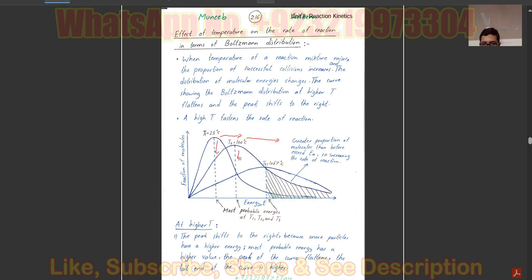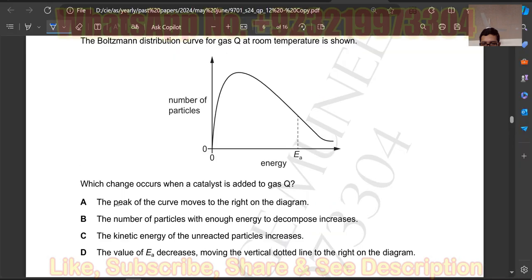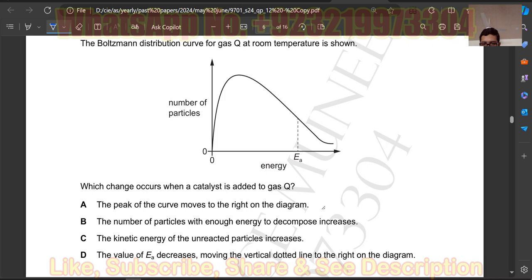That's the change in the peak. By applying more temperature, the Boltzmann distribution curve has changed in the peak shift from left to right and towards the downward direction. Whereas the option says the peak of the curve moves to the right, so it is not the right answer because it happens because of the application of temperature, not because of the catalyst.